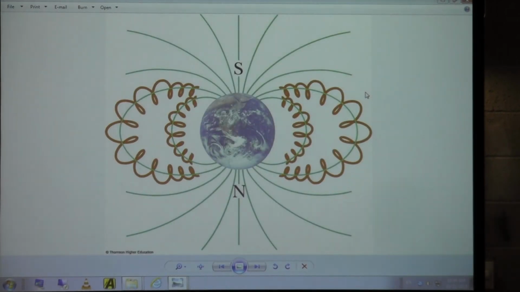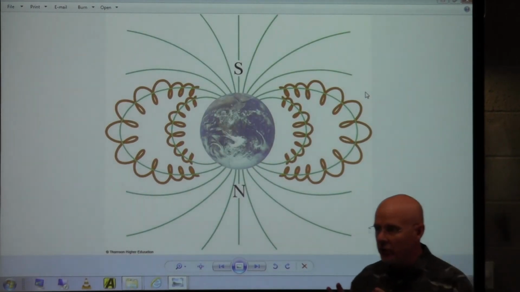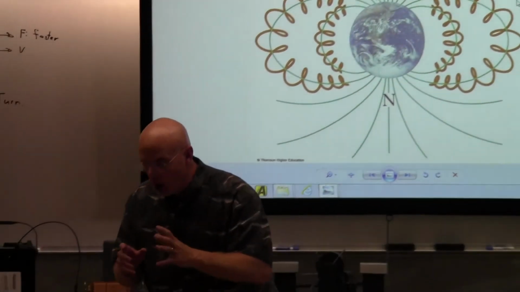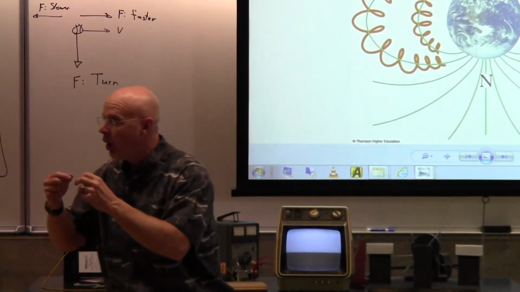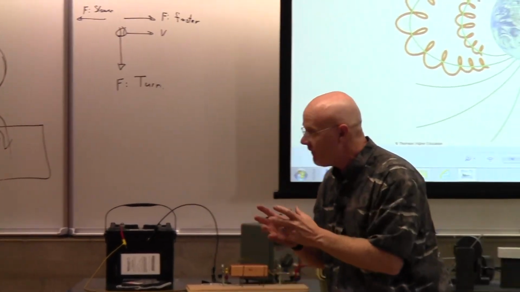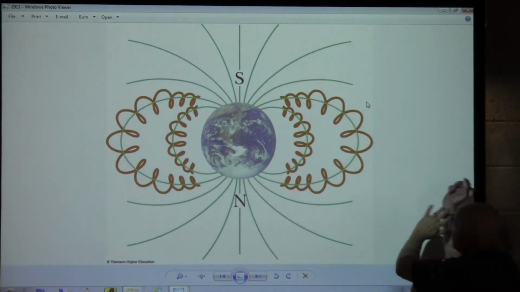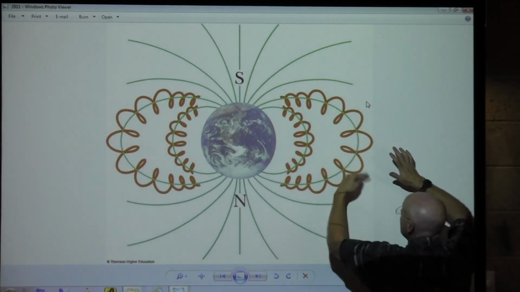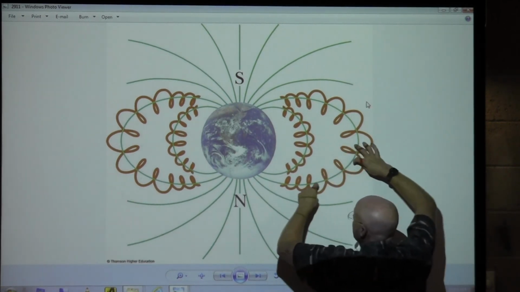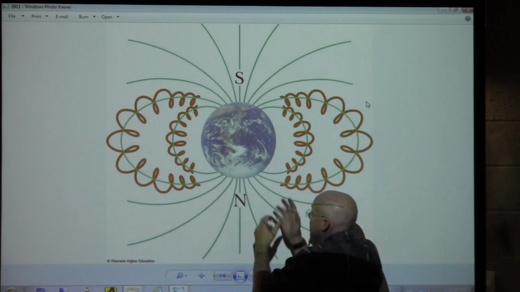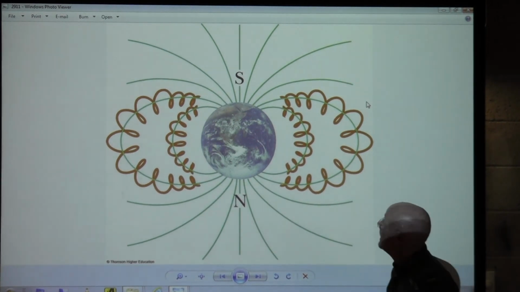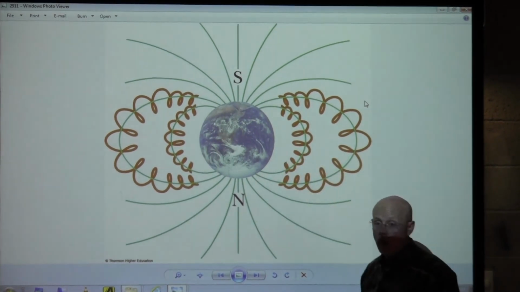Didn't we learn that the motion in a magnetic field would be a helix? Wouldn't they be circles around the magnetic field? And so all these charged particles that come in from the cosmos here, or from the sun, they're going to hit and they're going to wrap around, they're going to follow the magnetic field. So where are they most likely to hit? Either in the North Pole or the South Pole.